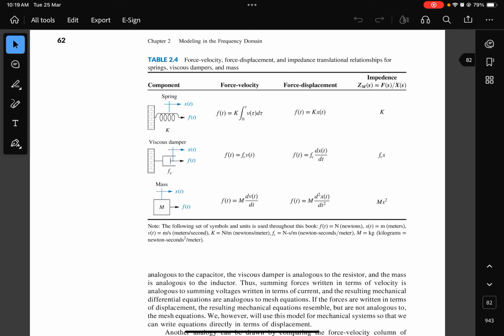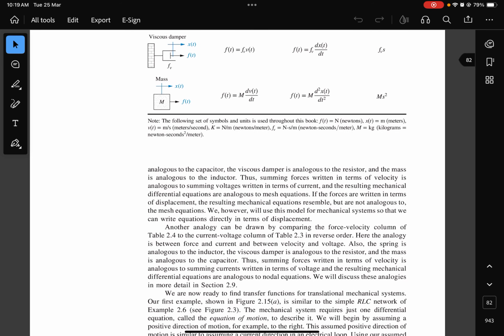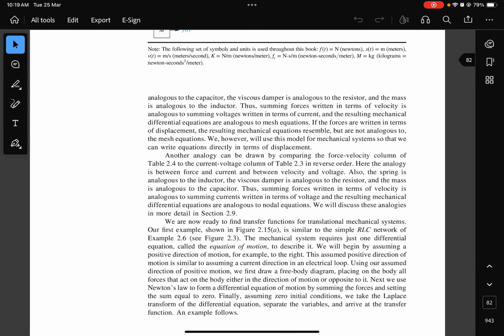The viscous damper becomes fvs, and then mass becomes ms squared. Later we will show you how you can use this to create the transfer function for the mechanical system. I encourage you to read more on this section by yourself in the book to get a better understanding.